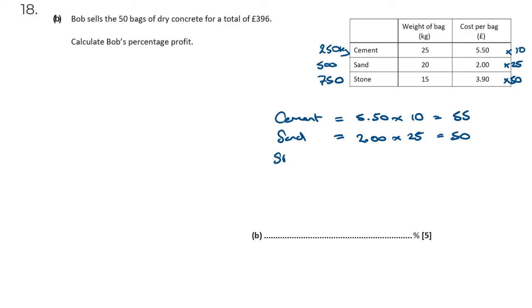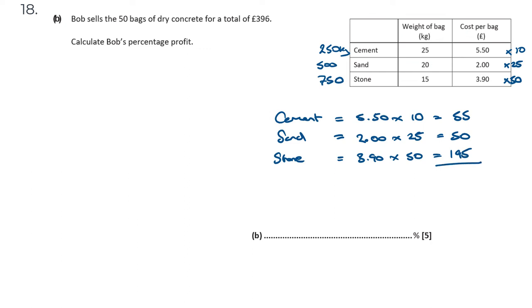And stone, that's going to be £3.90 times 50. Well, times 100 would be 390, and then half of that for 50, half of 390 is 195. Okay, so that costs £195.